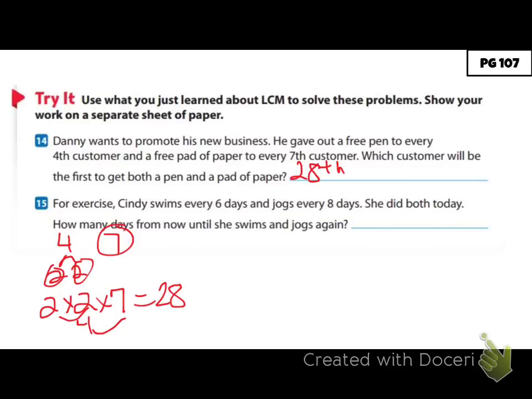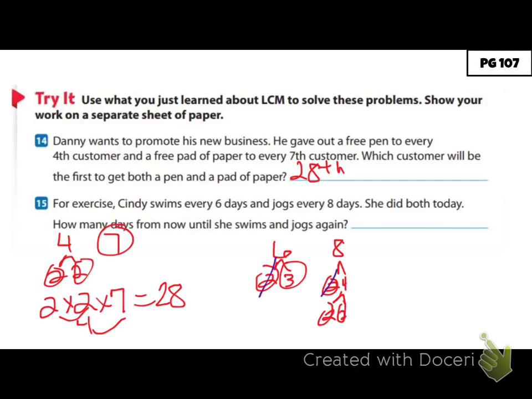Number 15 says, for exercise, Cindy swims every 6 days and jogs every 8 days. She did both today. How many days from now until she swims and jogs again? So once again, we have to find our least common multiple of 6 and 8. 6 is 2 and 3, which are both prime. 8 is 2 and 4, and 2 and 2. Find our matches.